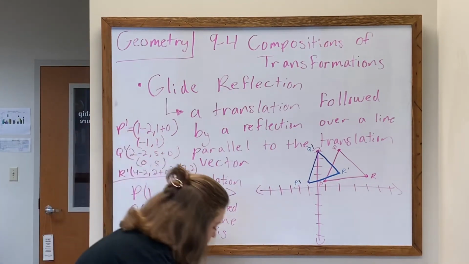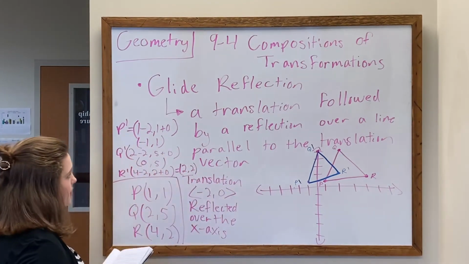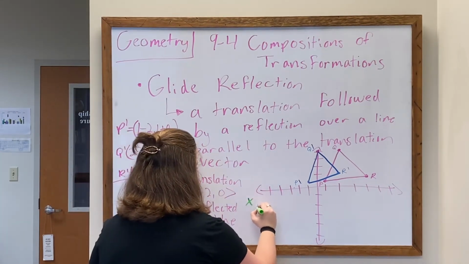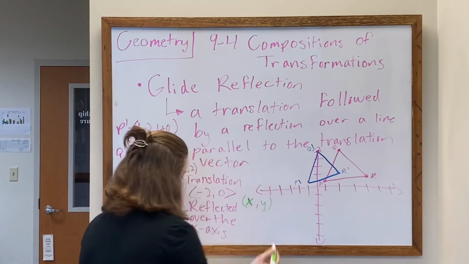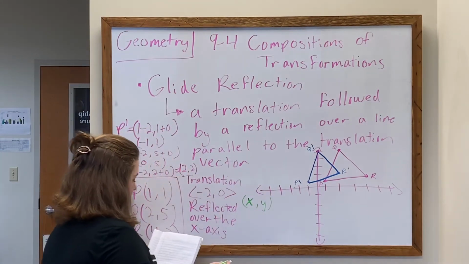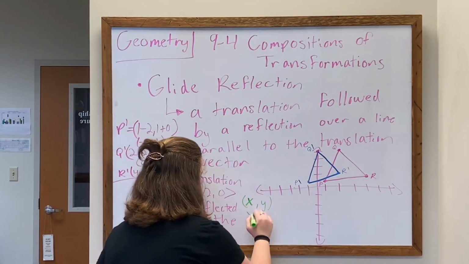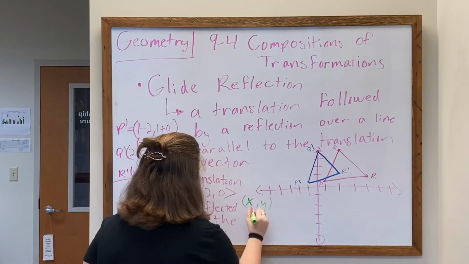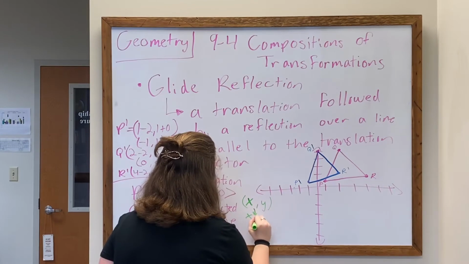You might remember that to reflect something over the x-axis, I take my original coordinates, x, y, and rewrite them as x, -y.